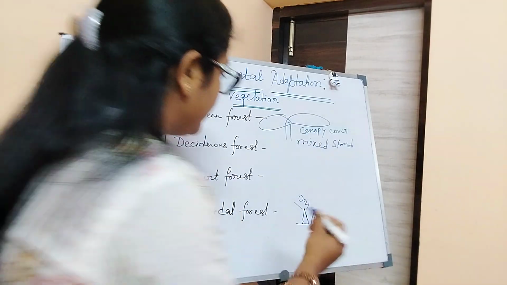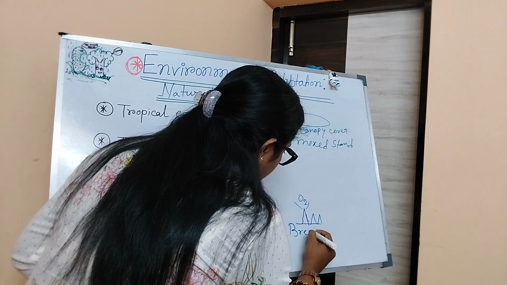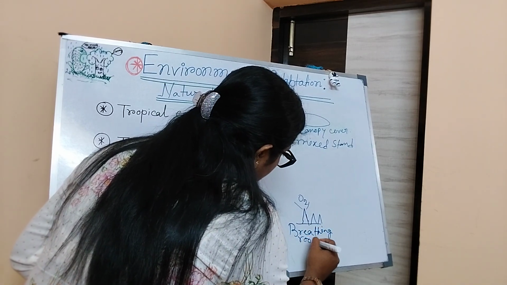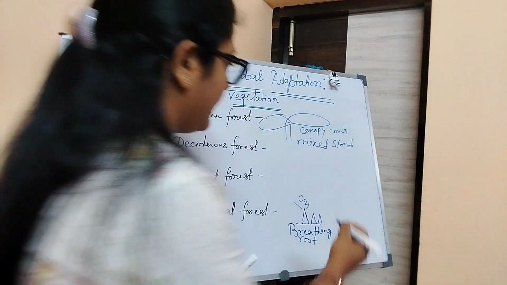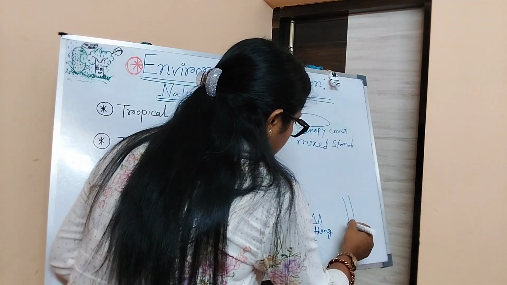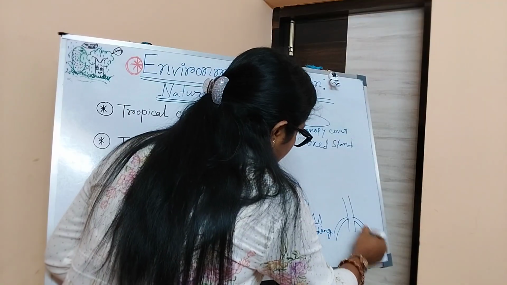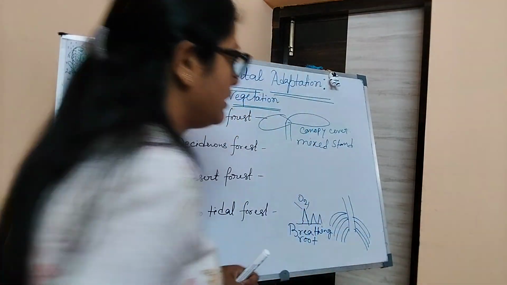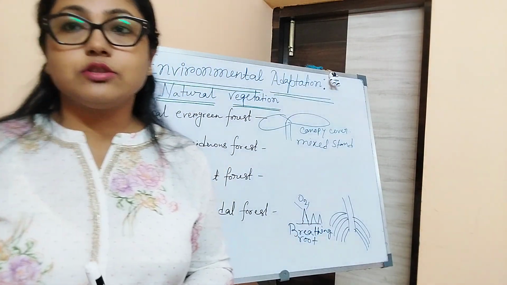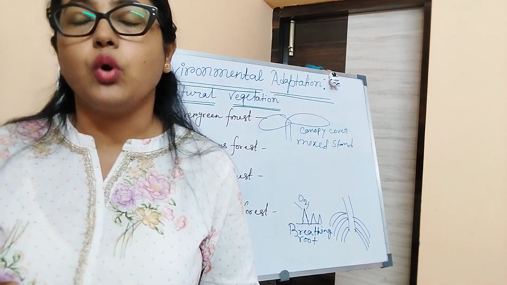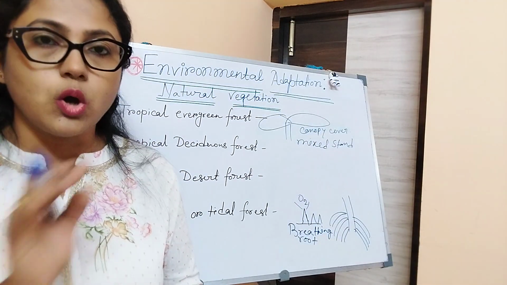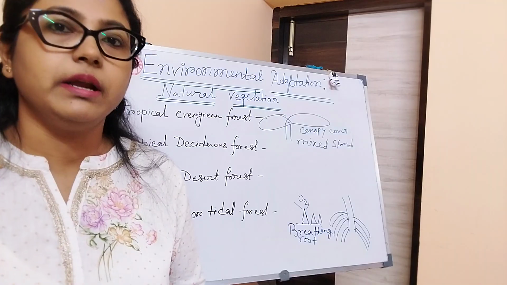So this is one, breathing root or pneumatophore, and one more is there. Suppose this is the tree, and like this the roots are grown and they are supporting the trees to stand on the muddy soil. Soil is very much unstable in this region because constantly the area is being affected by tides.